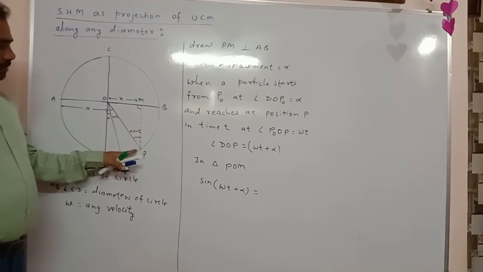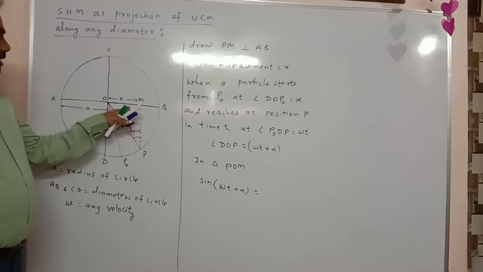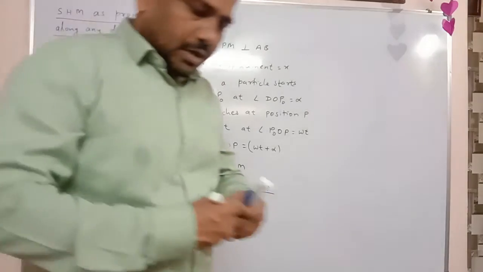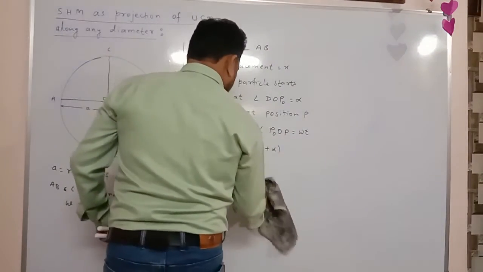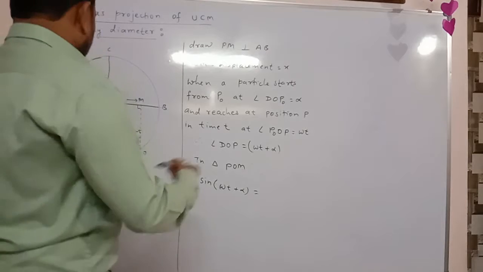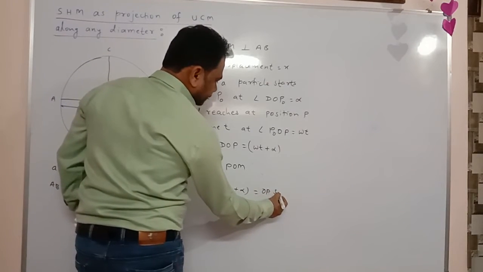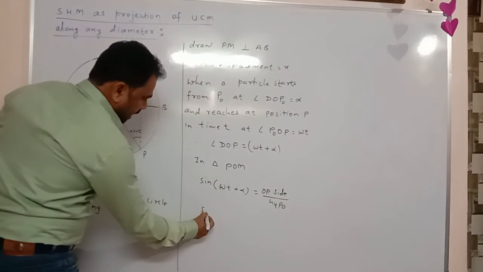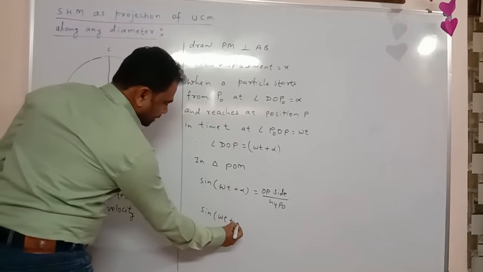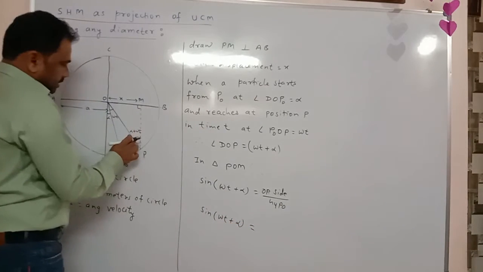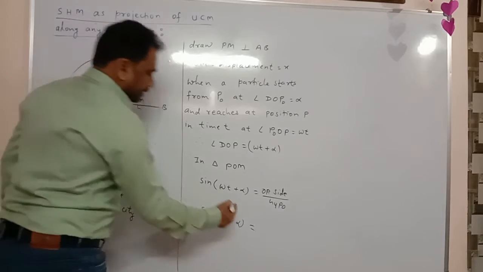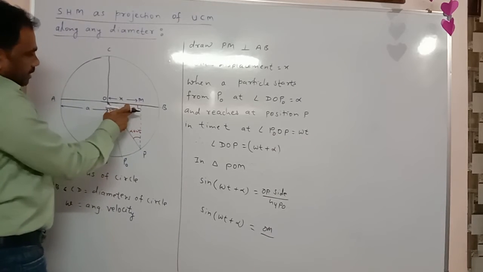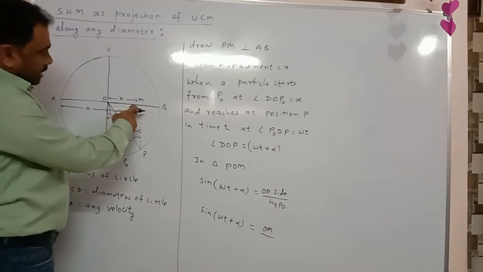In triangle POM we can calculate sine theta equal to opposite side upon hypotenuse. So sine of omega t plus alpha is equal to the opposite side of this angle, which is OM, upon the hypotenuse, which is opposite the 90 degree angle, that is OP.